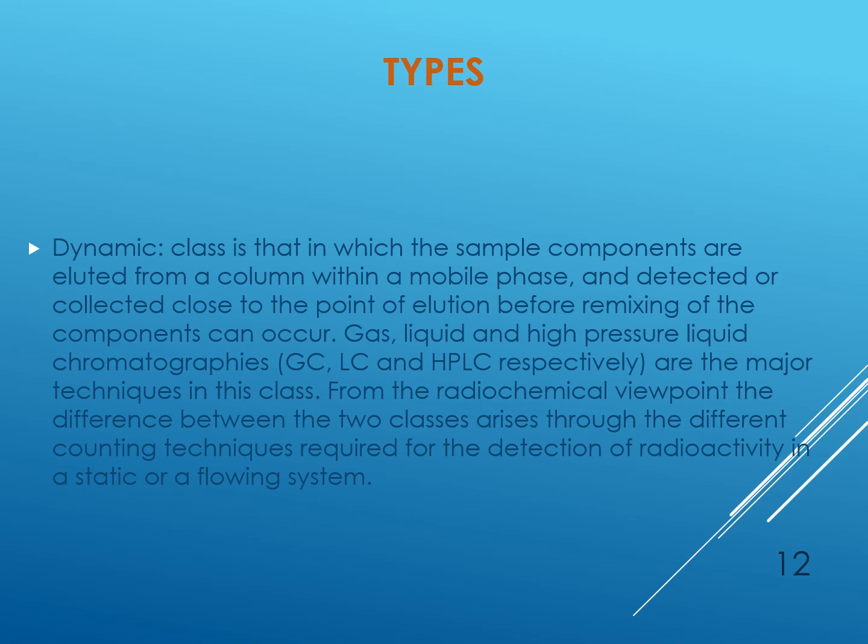The sample components show more affinity towards the mobile phase, and they move from the column along with the mobile phase, and in this way the components can be separated through the mobile phase which is collected at the end of the column. In this type of chromatography, usually gas chromatography, liquid chromatography, and high performance liquid chromatography lie in this dynamic class.